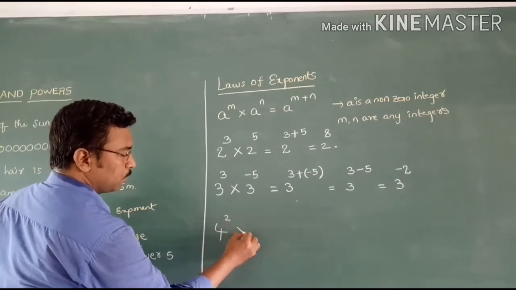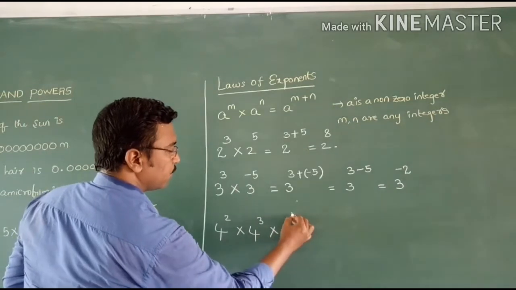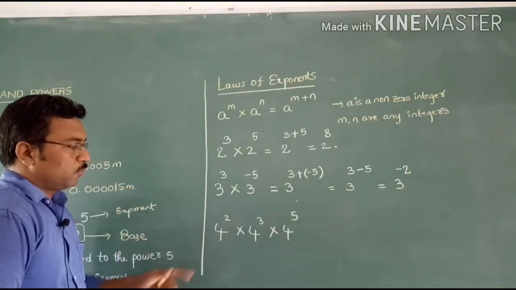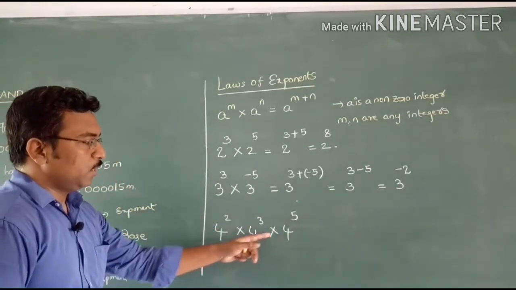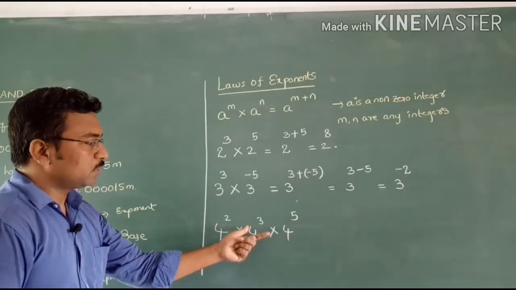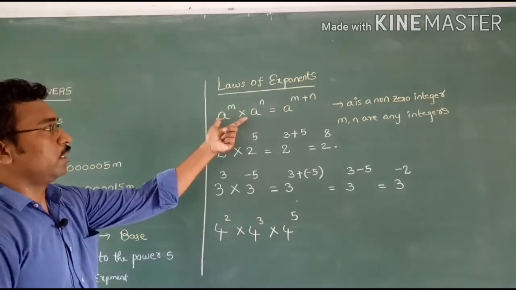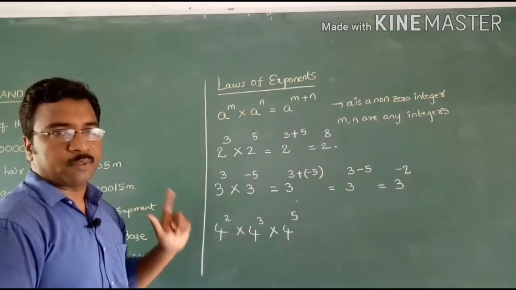See, one more. 4 power 2 into 4 power 3 into 4 power 5. When there are 3 terms with the same base and their powers, what do we do? We use the same law: a power m into a power n equals a power m plus n.